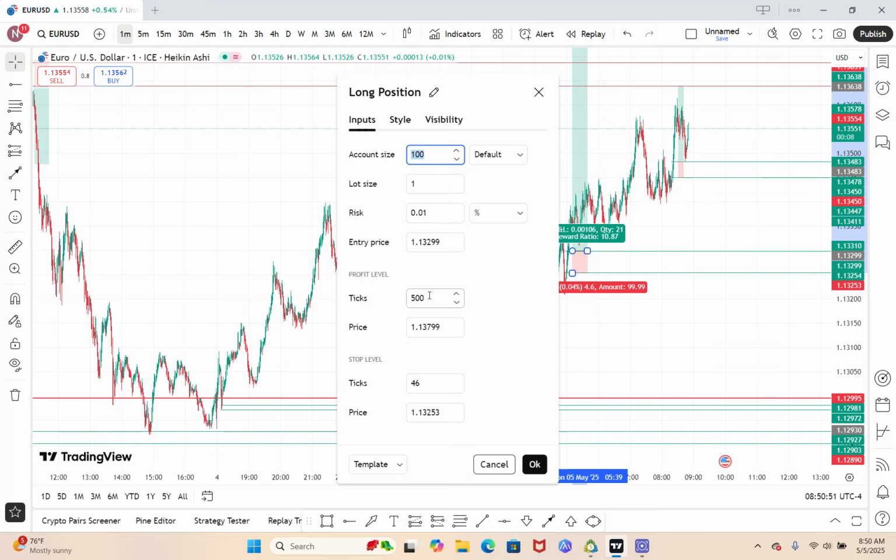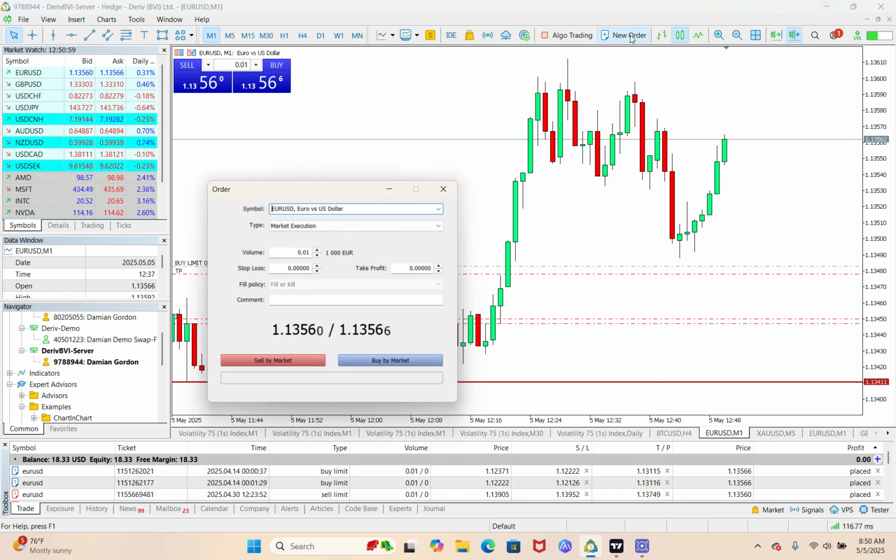Right, so entry, copy, new order. So we missed this trade, we didn't get filled.